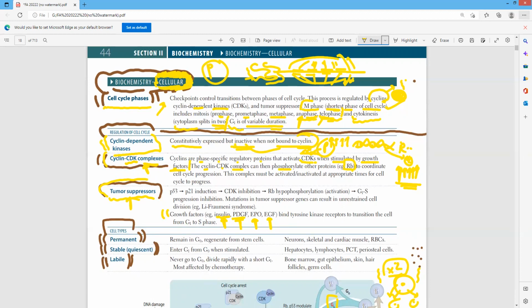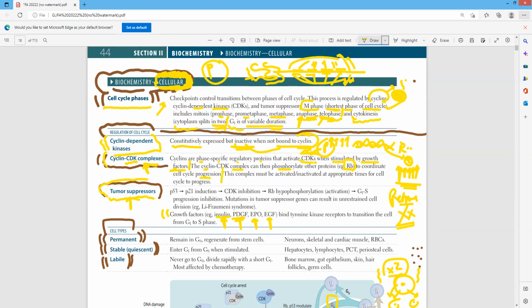This is a protein that was discovered in a tumor in the retina, retinoblastoma, that was defective. So when the tumor suppressor was defective, a tumor arises in the retina, so it's called retinoblastoma. This is not high-yield, but just to know the naming of it. It will phosphorylate retinoblastoma to coordinate cell cycle progression.